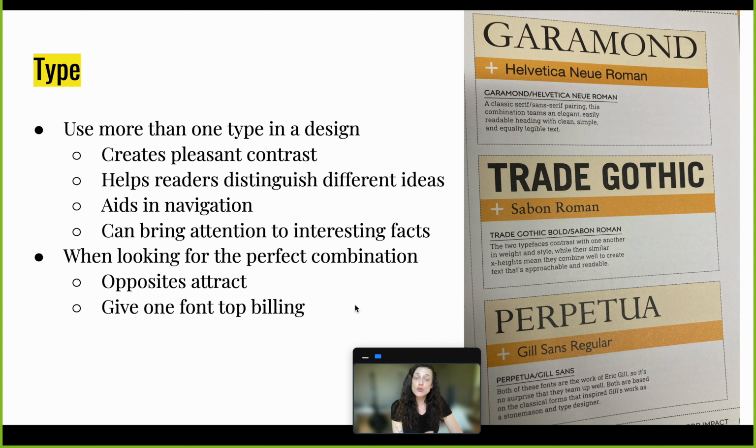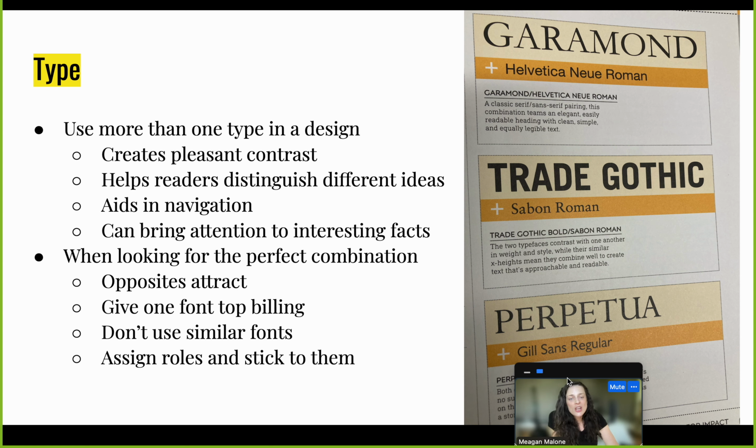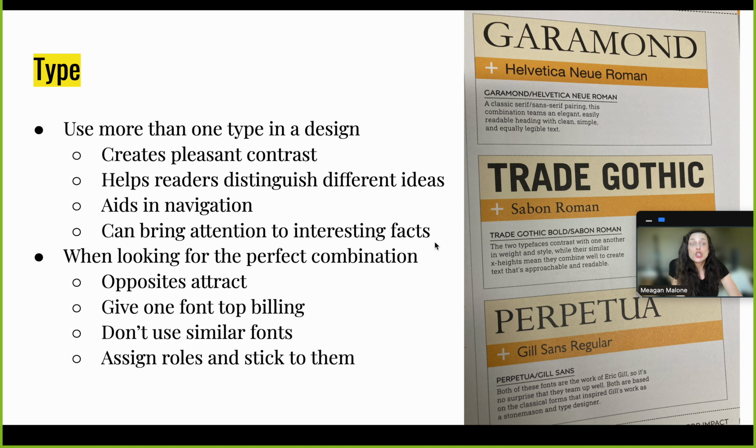You want to make sure that you use one in a more prominent way and one in a more utilitarian way. You don't want to use fonts that are super similar. You want to make sure that they have a good contrast. And then once you know how you're using one, don't use it in different ways. So if one is just for the title, leave it for the title and not for the text below.